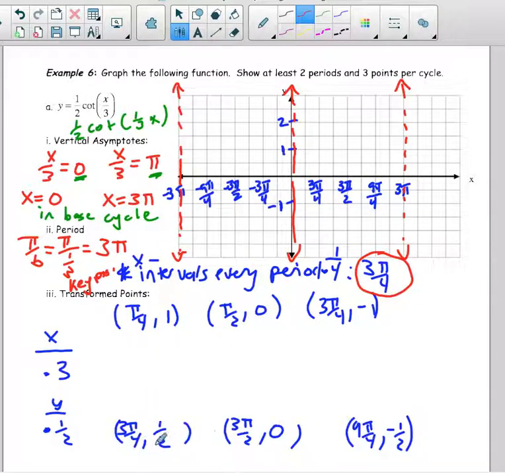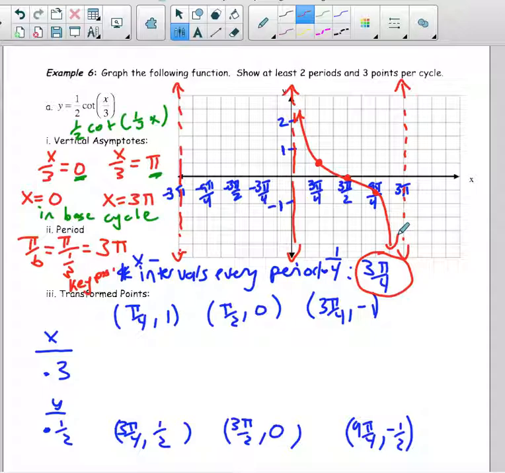Okay, and then finally, let's put some points on here. So we've got our key points down here for one cycle. I'm going to plot those. So we've got 3 pi over 4, 1/2, 3 pi over 2, 0, and then 9 pi over 4, -1/2. And then we're going to go ahead and put a nice smooth curve connecting these points for one cycle of the cotangent function.